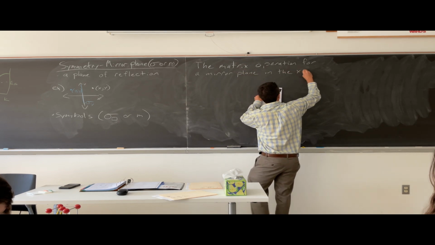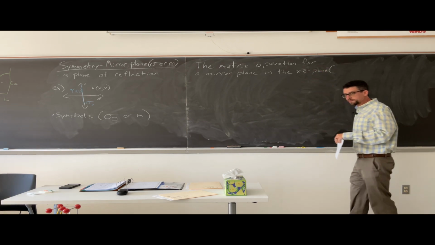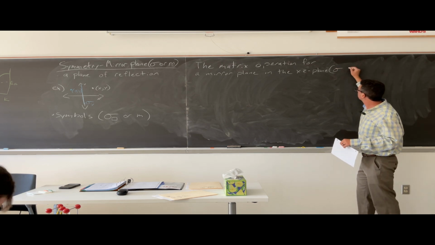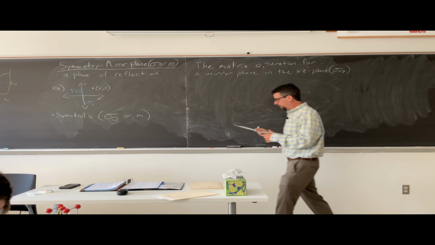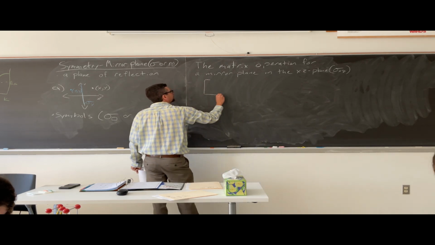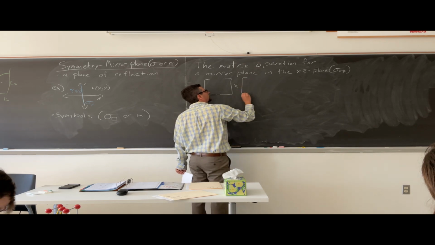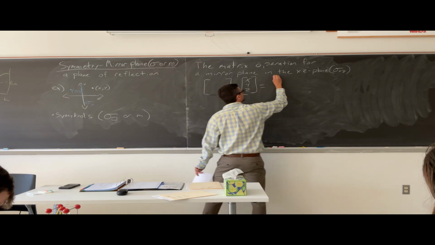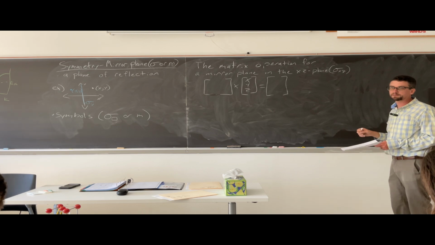We're going to go with the XZ plane because that's just what I picked. What symbol would we give it in the Schoenflies symbols? Sigma what? Yeah. Nope, not. Sorry, XZ, yeah. Okay. We have our transformation matrix. We have our original coordinates. What's going to happen to our new coordinates?